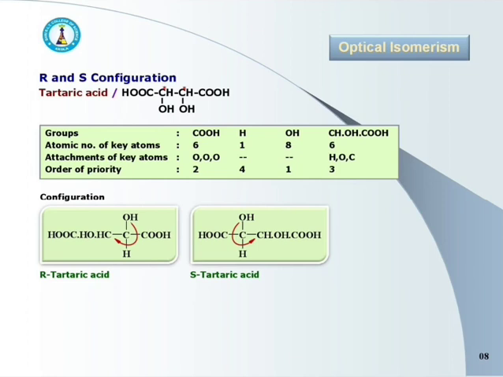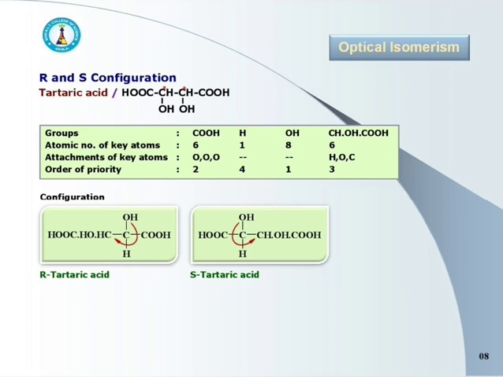If we observe these attachments, those of the COH group are of higher atomic numbers than those of the CHOH, COH group. Hence, the COH group has second priority, while the CHOH, COH group has third priority. See the structures.